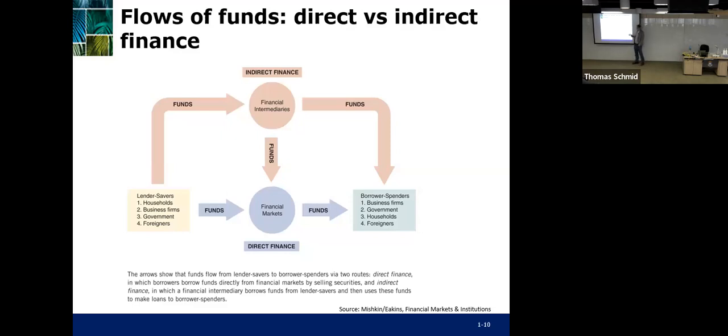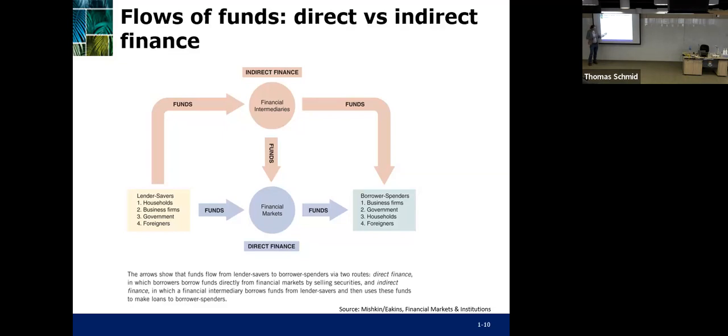Those entities can be firms, governments, households, or foreign countries or foreign people. So the basic problem now is, how can we ensure that the money can flow from the yellow box to the green box?